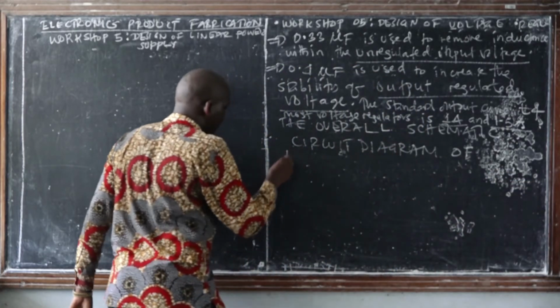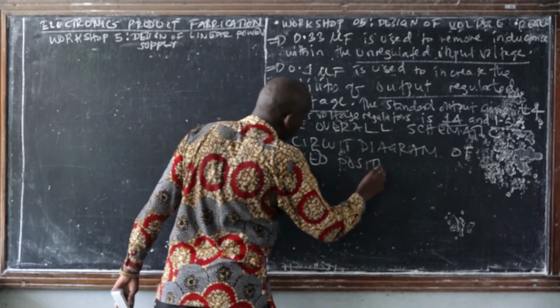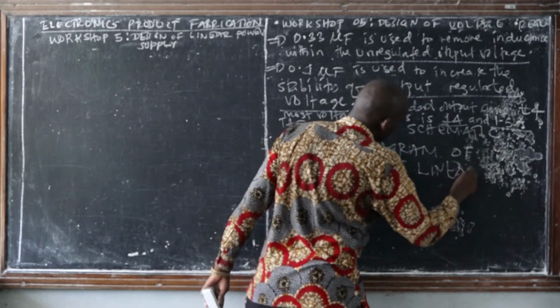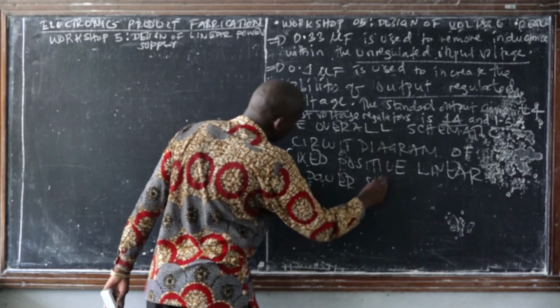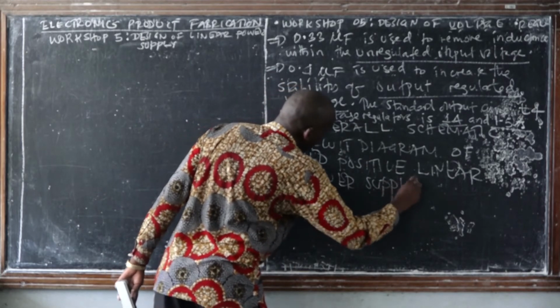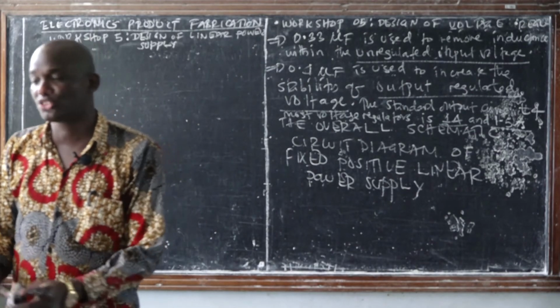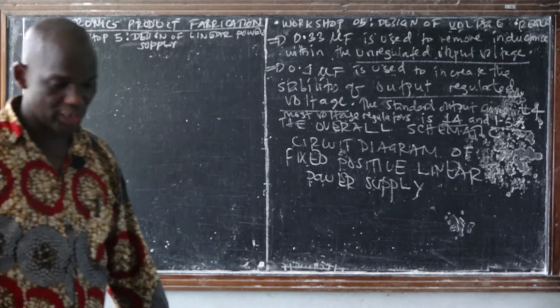So let me add some information because now you understand. Write this title because I want to clean the whole blackboard, and I would like to draw this overall schematic circuit diagram with you, because we've been drawing step by step.